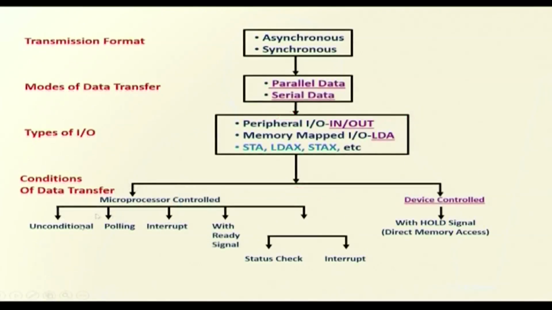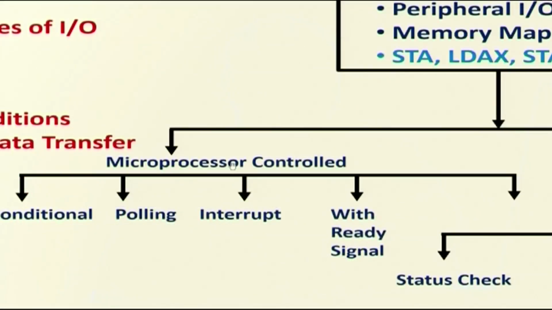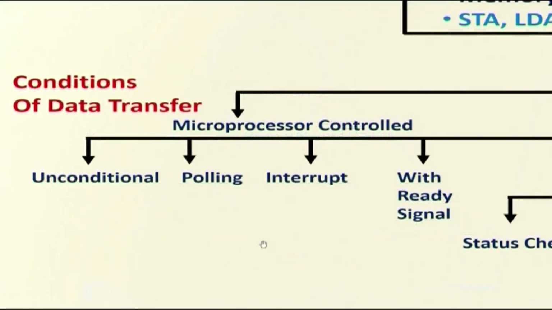So, the next one is conditions of data transfer. Based on the conditions, what kind of data is available, either speed or slow, with the peripheral devices, there are 2 kinds of operations. One is microprocessor controlled operation, another one is device controlled operation. In the microprocessor controlled operation, it will perform 5 conditions.